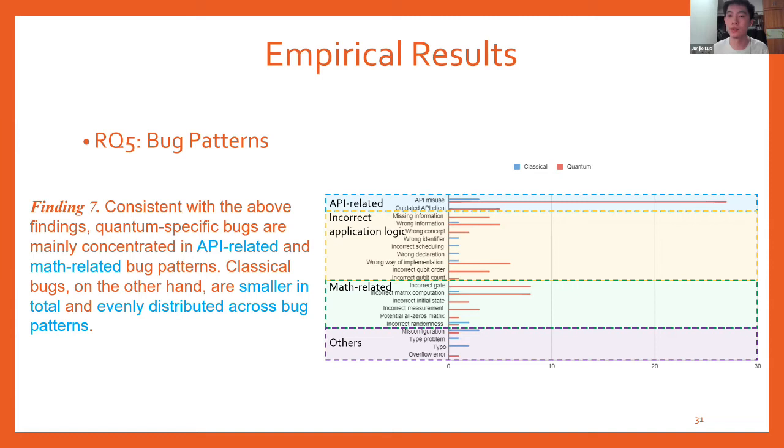The high percentage of quantum-specific bugs in API-related and math-related bug patterns also indicates that current bug-fixing efforts are difficult to apply directly to quantum programs, and further research is needed in this area.